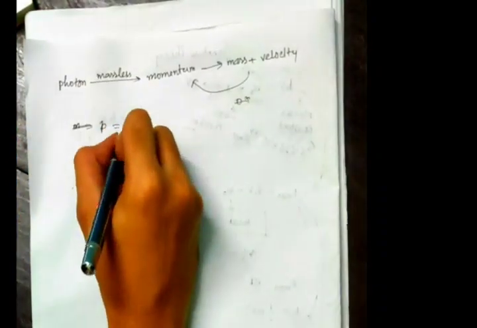So this is the answer. We know that momentum, denoted by P, is equal to mass into velocity, but that is in classical physics.